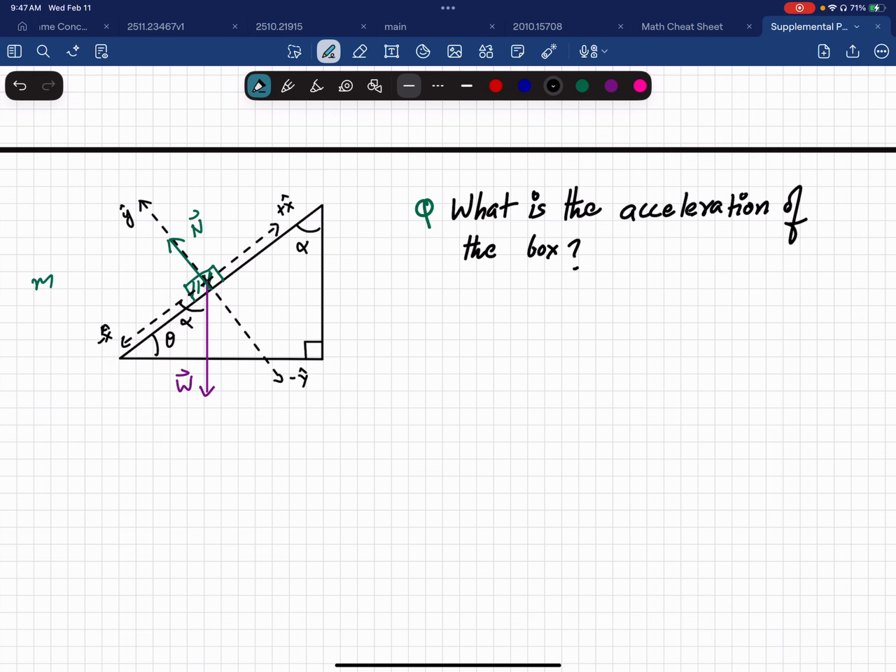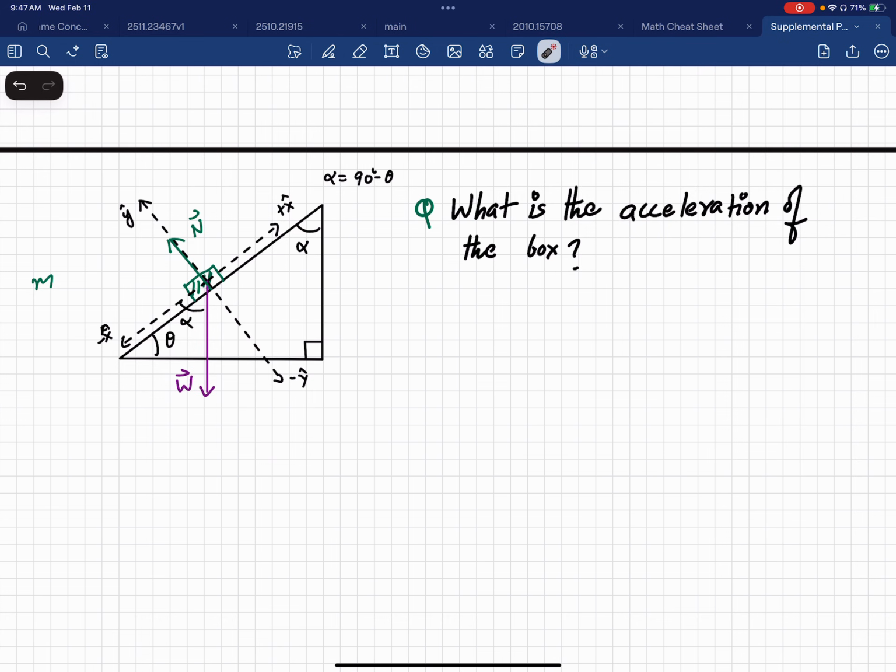Now here let me just write down somewhere alpha is 90 minus theta. Now coming back here, this is a coordinate space, which basically means it's an orthonormal basis. In other words, the directions are again the same 90 degrees to each other.